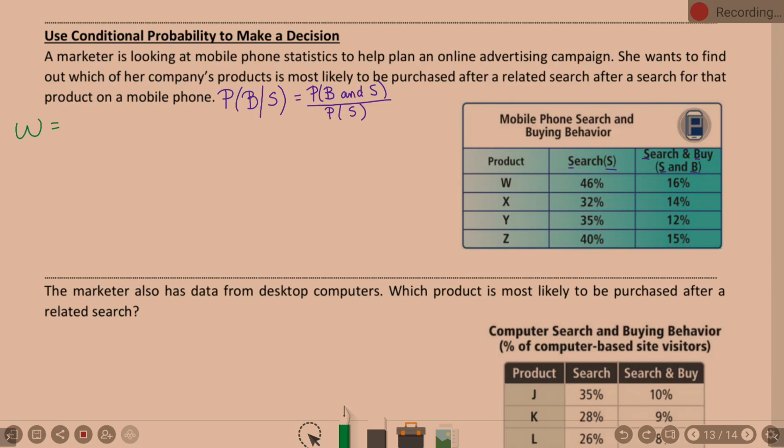Of course, I'm going to use 0.16 divided by probability of search. What's the probability that product W was searched? 0.46. You got calculators, right? Plug it in.